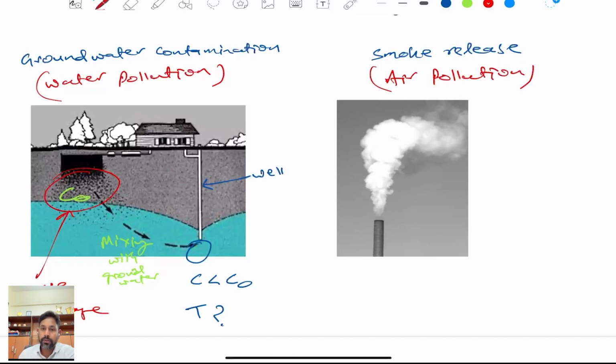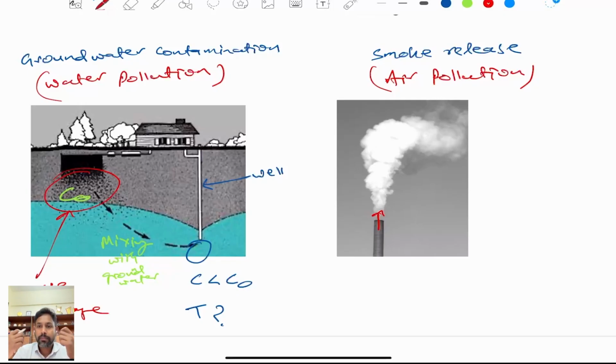In this case, you have hot air coming out, as we have seen, and because of the buoyancy it is rising up, but at the same time there is mixing happening with air, and that is decreasing the concentration and temperature of the hot air, and this is flowing and getting mixed into the atmosphere, right?